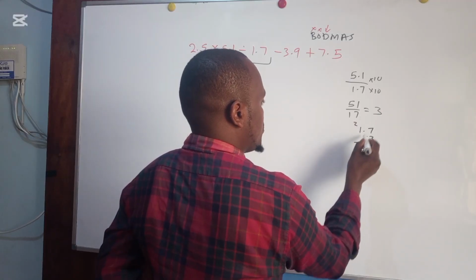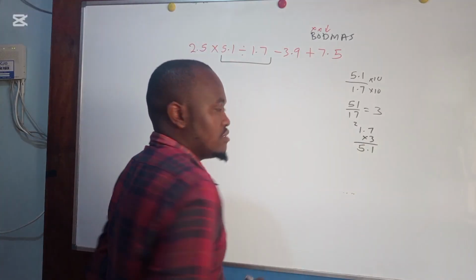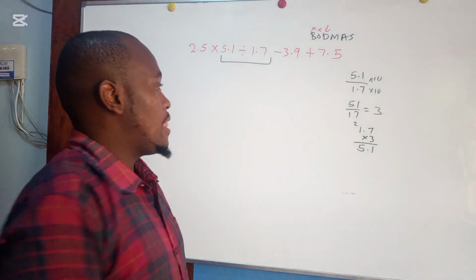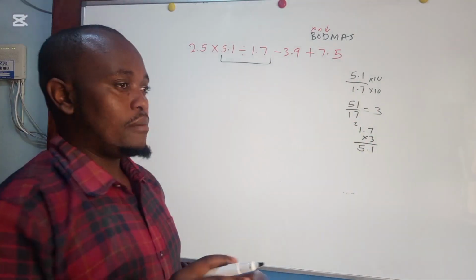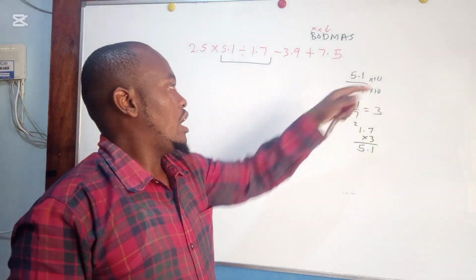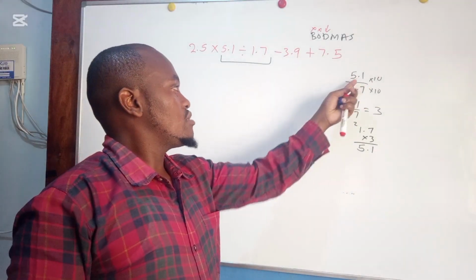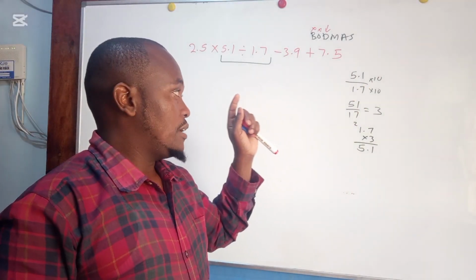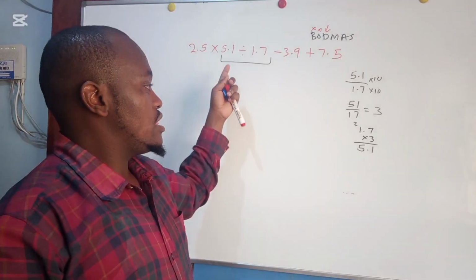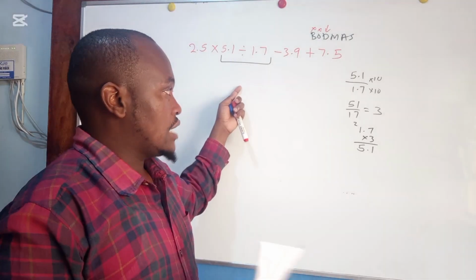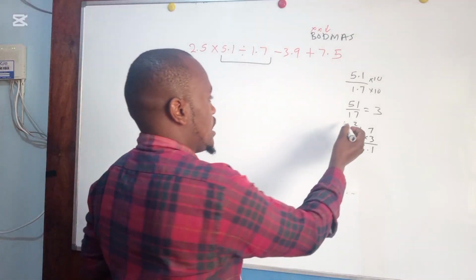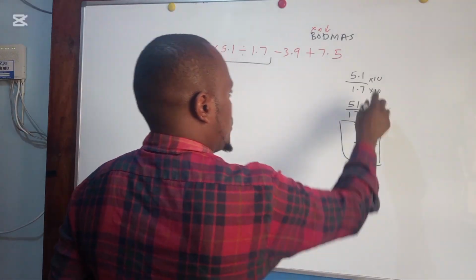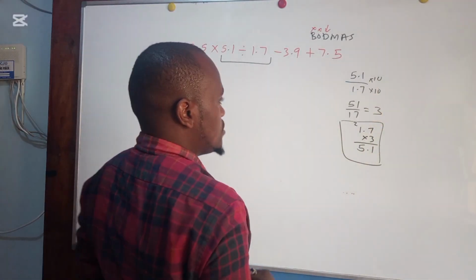So have you seen that if you are dividing two numbers, you can multiply both by a number for convenience. So why am I multiplying with 10? To remove the decimal. And so my answer here will be 3 without the decimal. At times, if I had divided and the answer has a decimal, I would have it there. So whatever you do to the numerator, you do to the denominator, because even this 10 can just be cancelled.